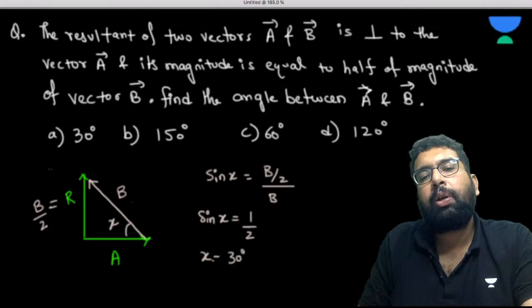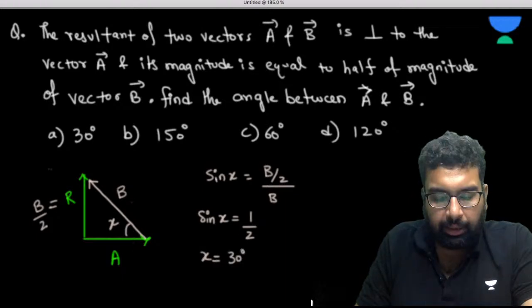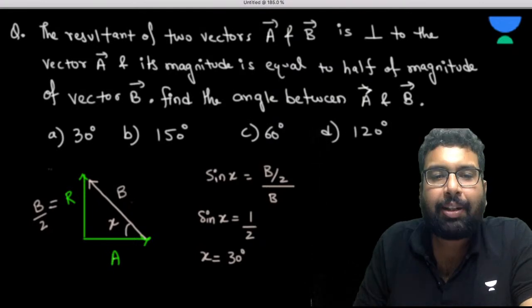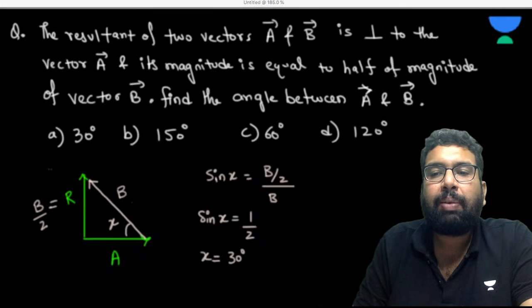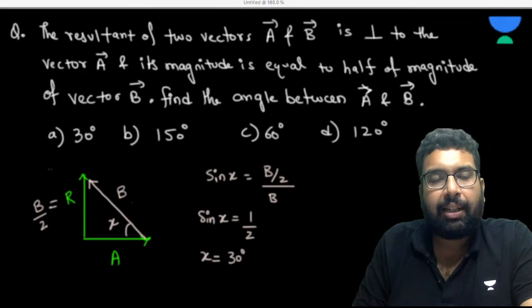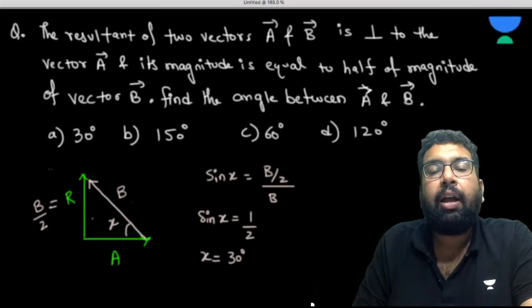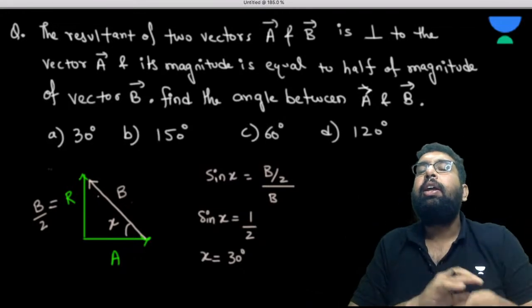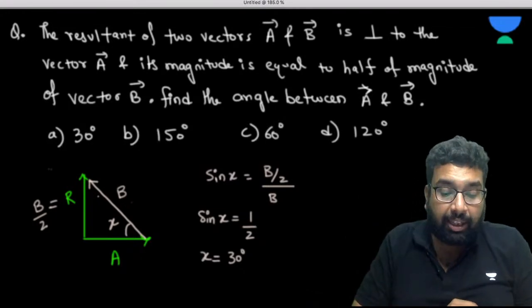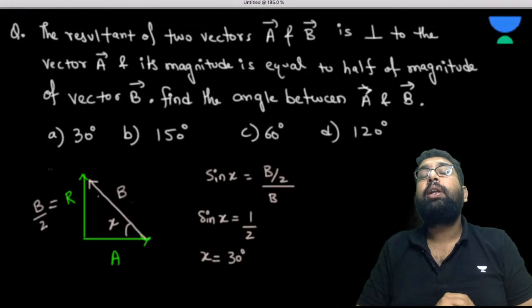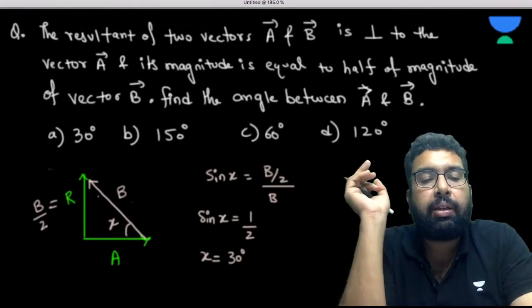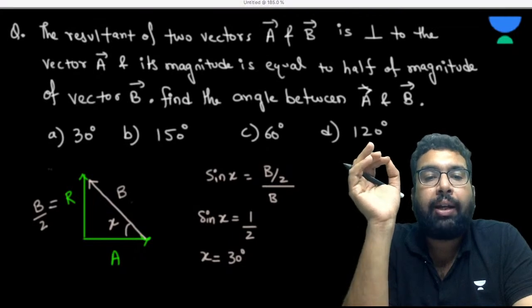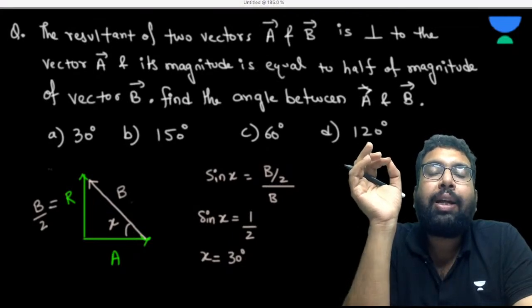So what is the angle between these two vectors? Now here many students make a mistake. They say the angle between the vectors is 30. But no sir, it is not 30. Remember, every point is important. The angle between two vectors is measured when they are joined tail to tail.